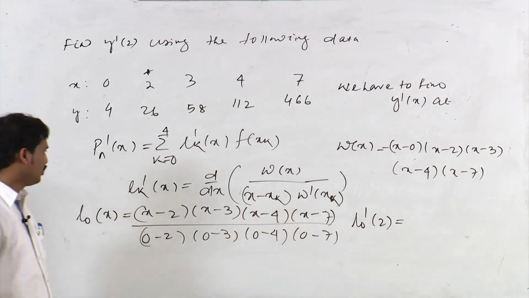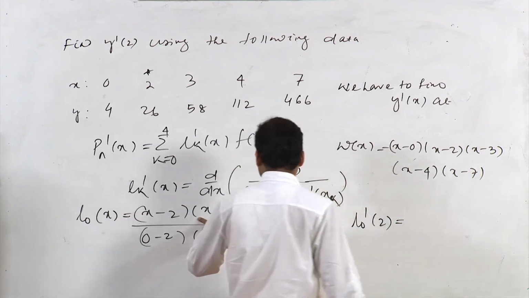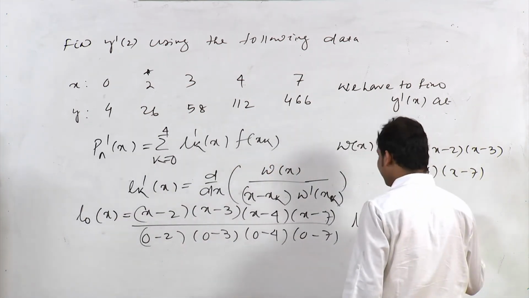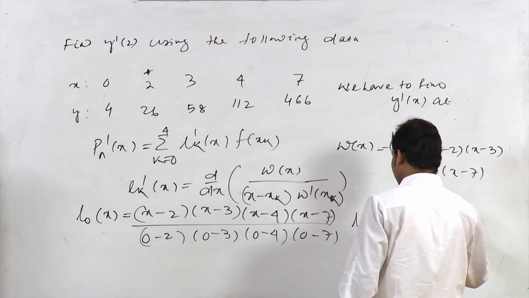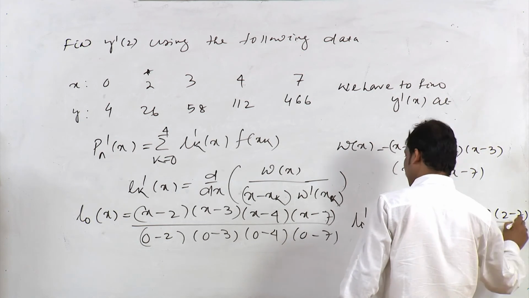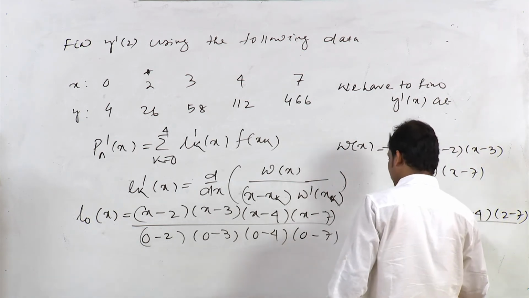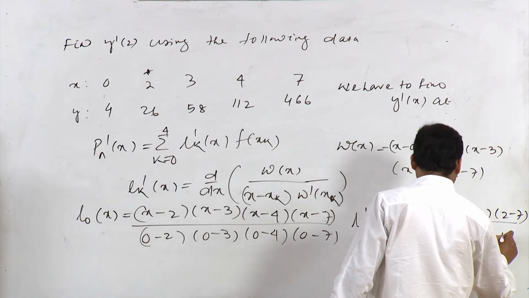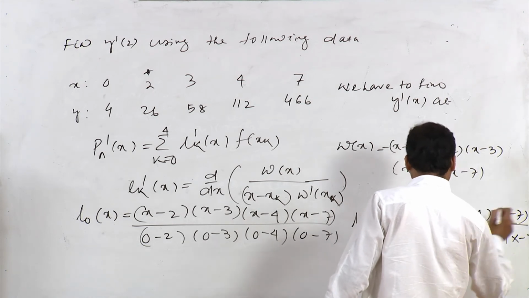So that is why we can write this complete product form as 2 minus 3, 2 minus 4, 2 minus 7 divided by minus 2 into minus 3 into minus 4 into minus 7 here.